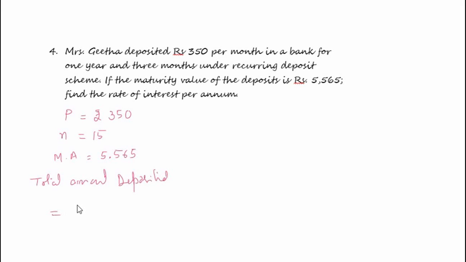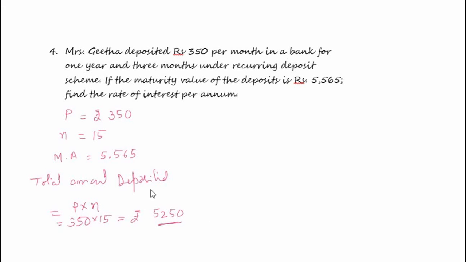Total amount deposited is always P into N. So this is 350 into N. N is 15. So this comes to rupees 5,250.